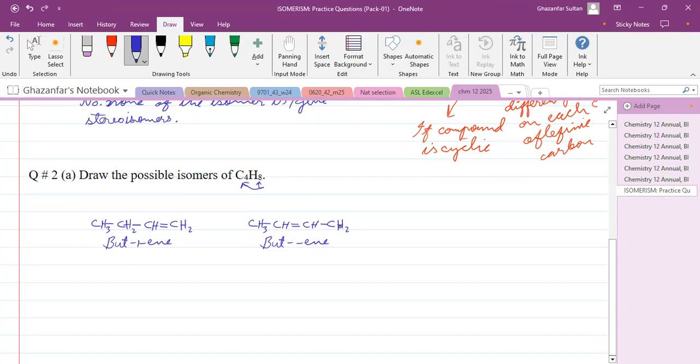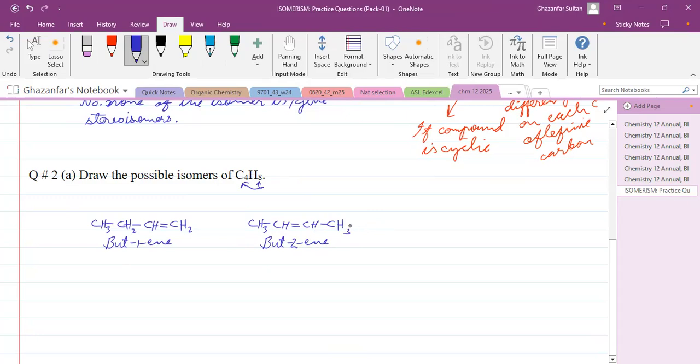So this is butene, so it becomes CH3. Sorry, second position. So it is 2-butene.